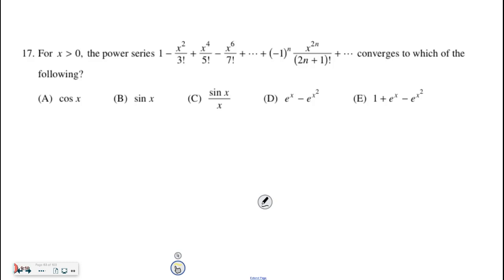No. Got an issue with the factorial. Is this sine's expansion? No, so close. An issue with the... This is harder. Your brain has to work backwards. So we know it's not this one, because that would have evens. We know it's not that one, because that would have x cubed. I'm not sure of the other ones. I haven't done it since last year.